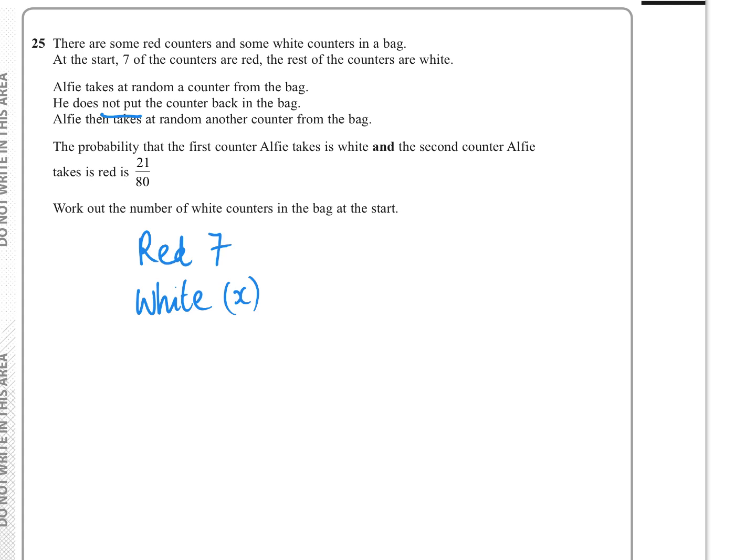It already tells you that 21/80 is the probability. The first one being white is x out of the total number of counters, and then times the second counter being red, which is 7 out of, now we'd have one less counter to choose from, because don't forget he does not put the counters back, so it will be x plus 7 minus 1, which is just x plus 6.